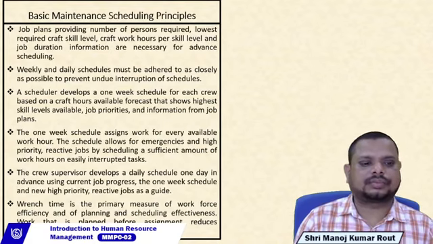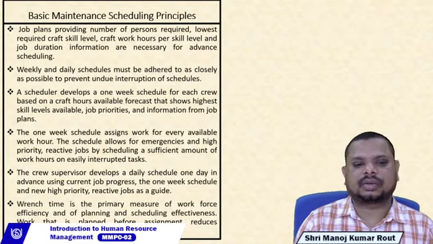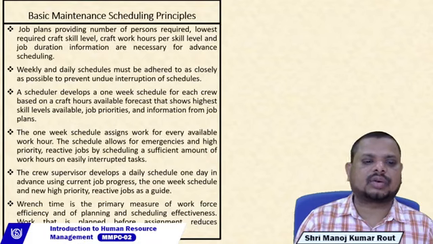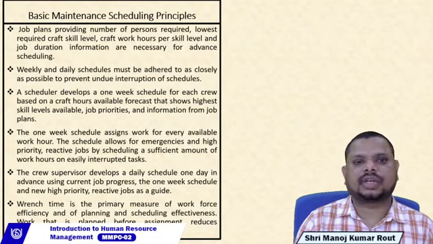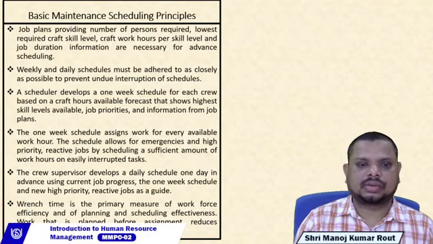The fourth one: the 1 week schedule assigns work for every available work hour. The schedule allows for emergencies, which are given the highest priority, and for higher priority reactive jobs, by scheduling a sufficient amount of work hours on easily interrupted tasks.